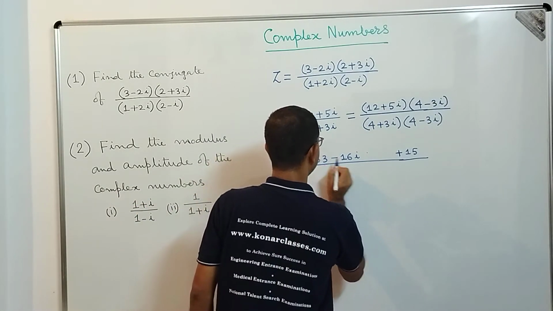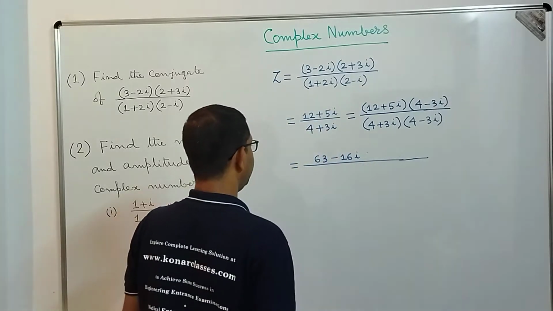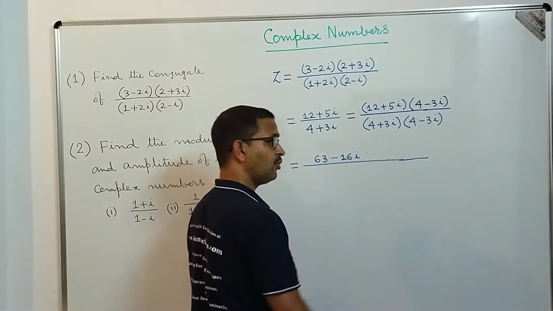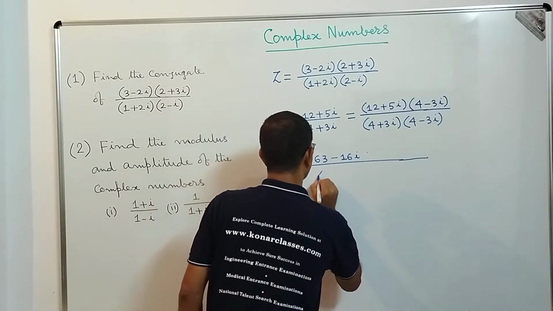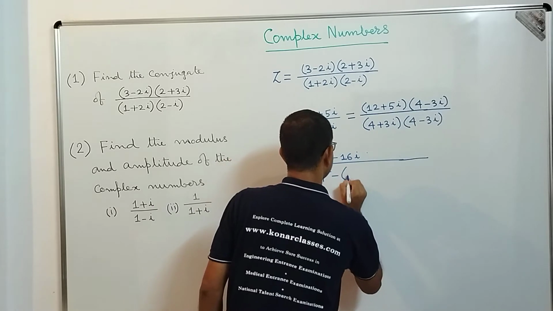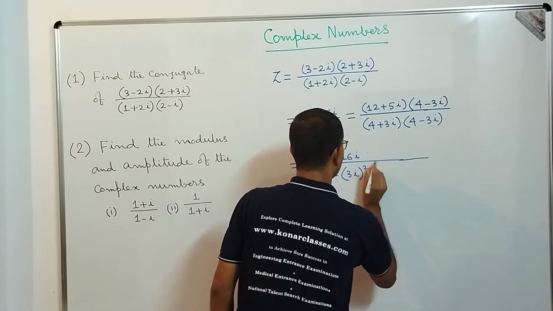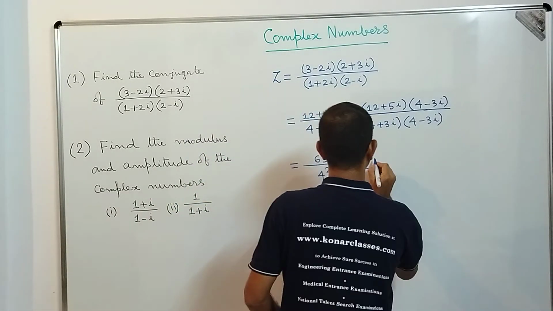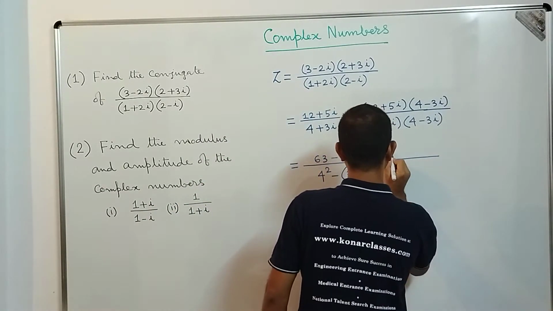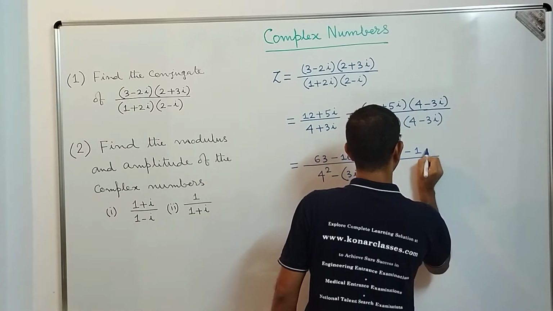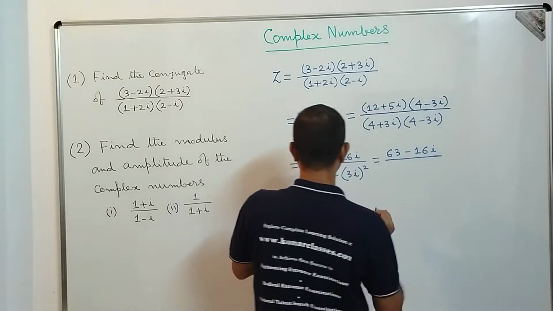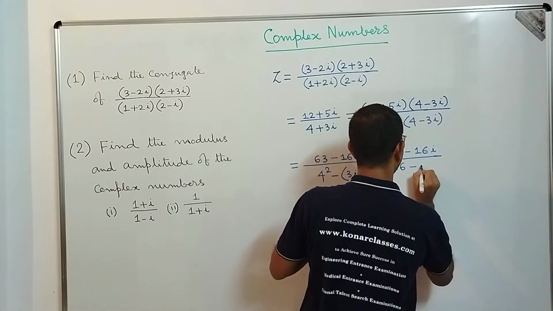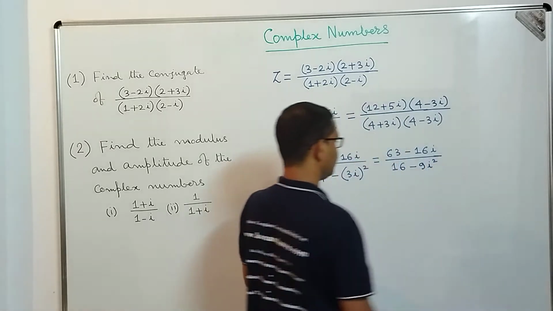So here we get 63 minus 16i, and in the denominator what we get, 4 plus 3i into 4 minus 3i, that becomes 4 square minus 3i whole square, correct? So that is equal to 63 minus 16i divided by 4 square is 16, and minus 9 into i square.